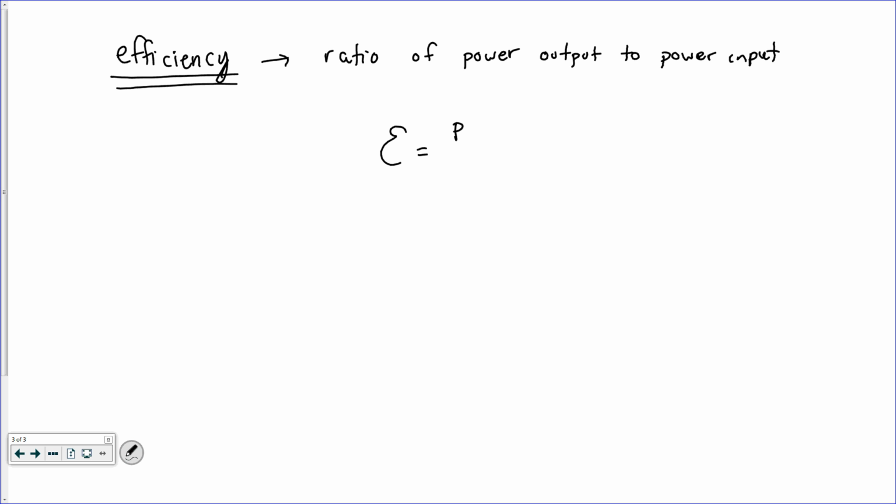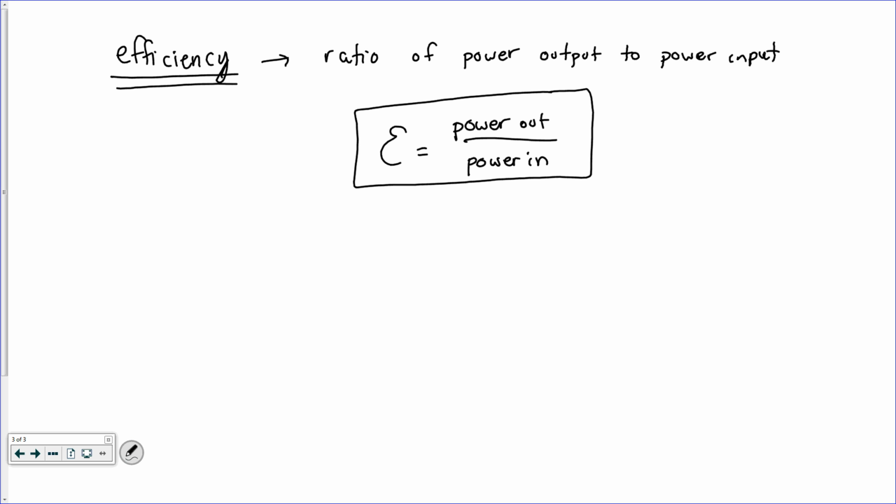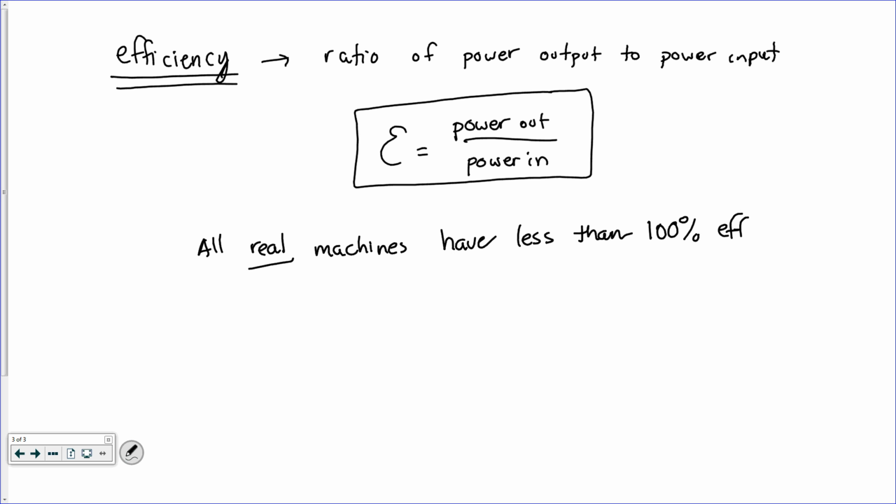Epsilon is equal to power out over power in. No system is 100% efficient. A 100% efficient system would say that all of the power that goes into your system comes out of your system. All real machines in the real world have less than 100% efficiency.